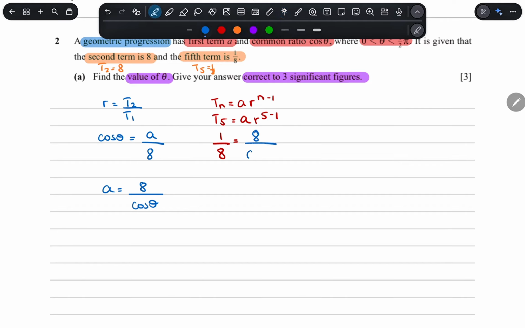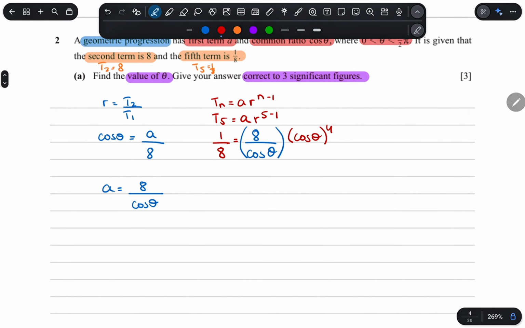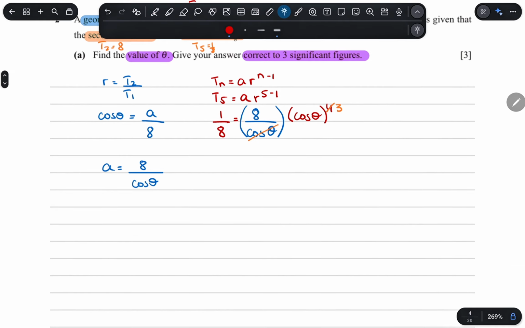So this becomes 8 upon cos theta, and we know the common ratio is cos theta, so this becomes cos theta to the power of 4. One cos theta cancels out, leaving cos theta cubed. This 8 can go over here, so cos theta cubed equals 1 upon 64.